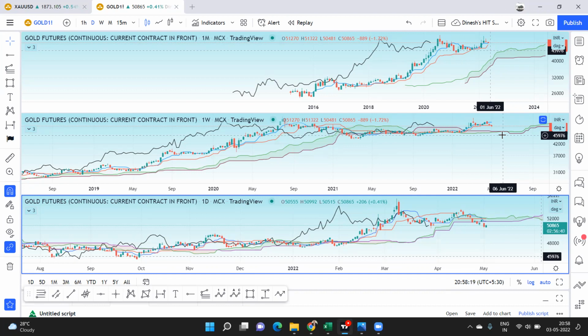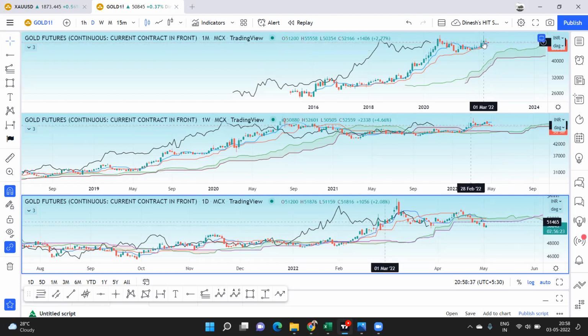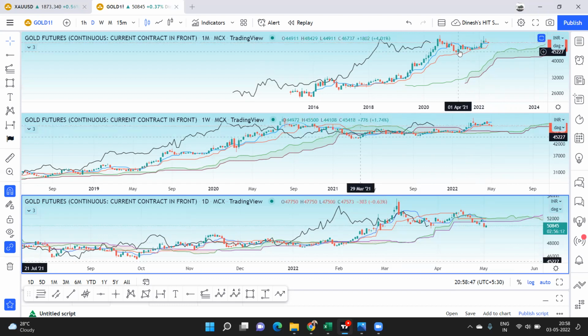If we breach the downside level, then we go down to 1675, 1600, which is 46,500, 47,000 in the case of INR. And if it breaks on the upside, which is that 2075 area for international markets and 55,000 for INR, then we are looking at a minimum move of $200, and in INR, I would be looking at 5,000 rupees on the upside move.